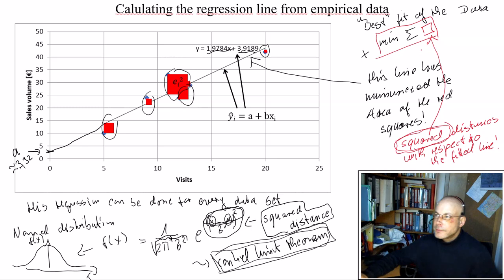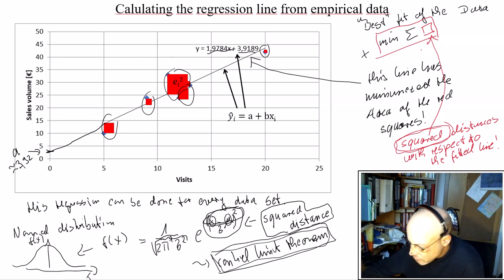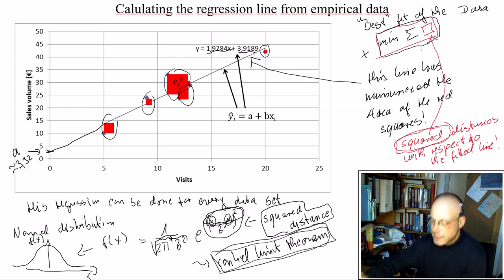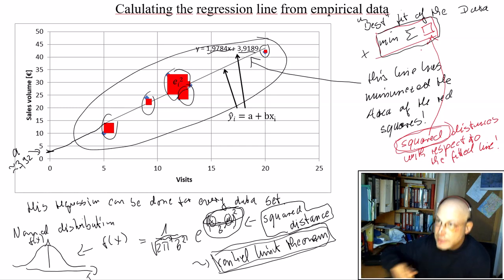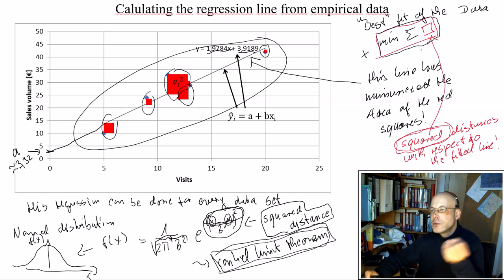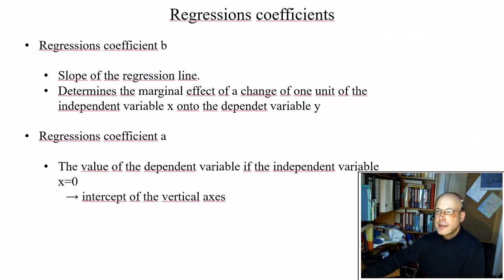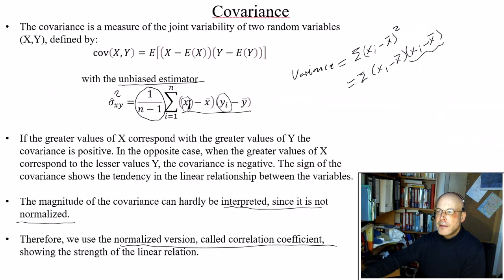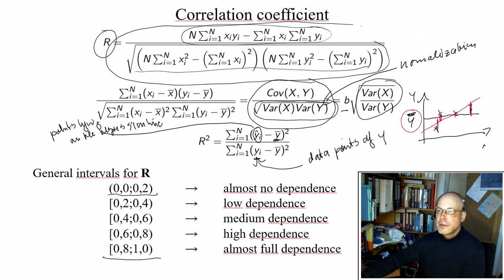Okay, but we are going back to our problem, and so we are minimizing the sum of these squares, so the total area of these squares should be minimized, and then we come to our fitted linear line, and this we have done in our example.